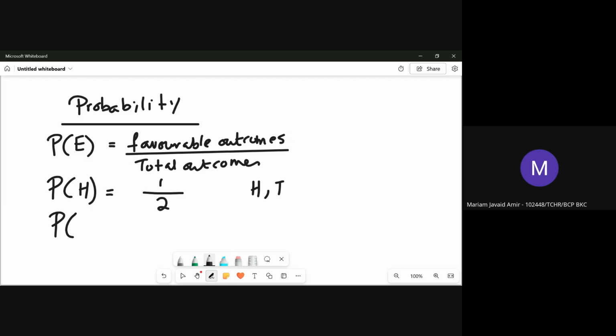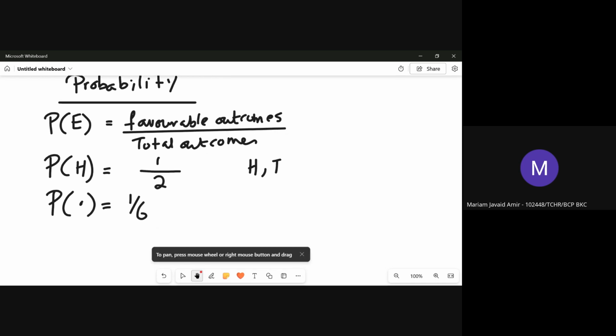Probability of getting a 1 in a dice throw would be 1 over 6. Probability of getting a 6 in a dice throw and then another 6 in a dice throw would be 1 by 6 for the first 6 times 1 by 6 for the other 6, so 1 by 36.